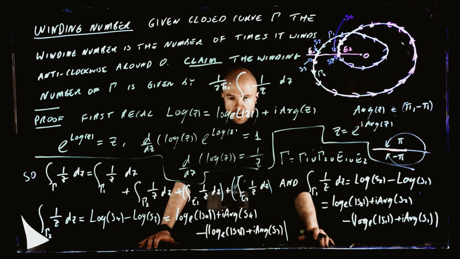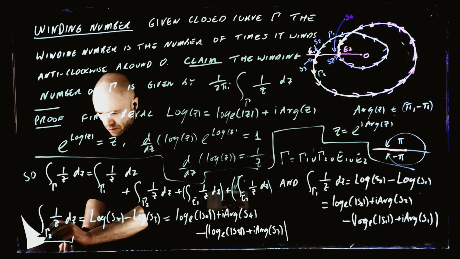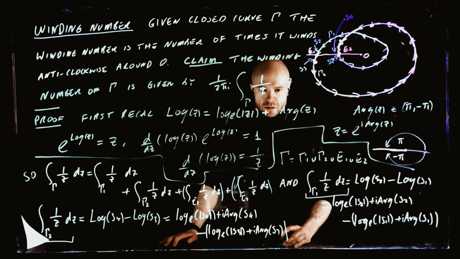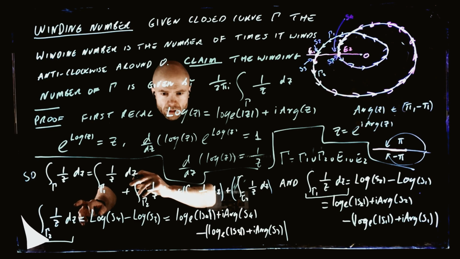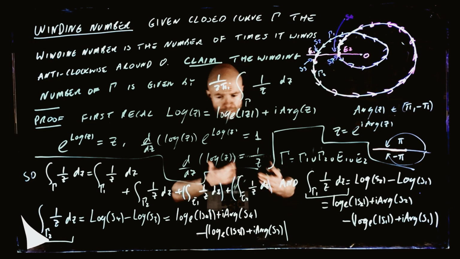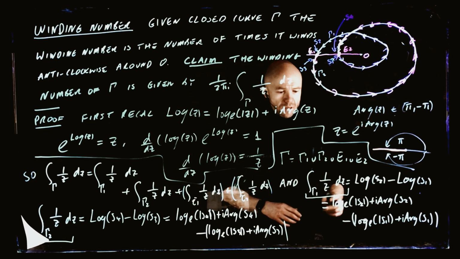Good. All right, cool. So all we have to do is to add this guy to this guy. And that, with a tiny error, will give us what the entire thing is. And if we do add these expressions, what happens? Well, I claim that the real parts are all going to vanish, with very small errors.